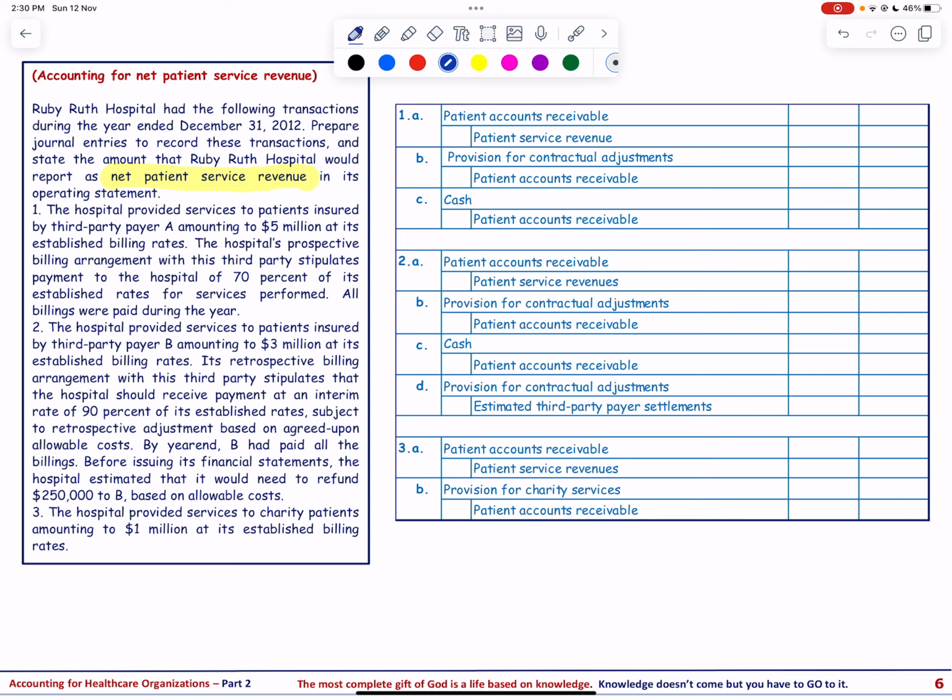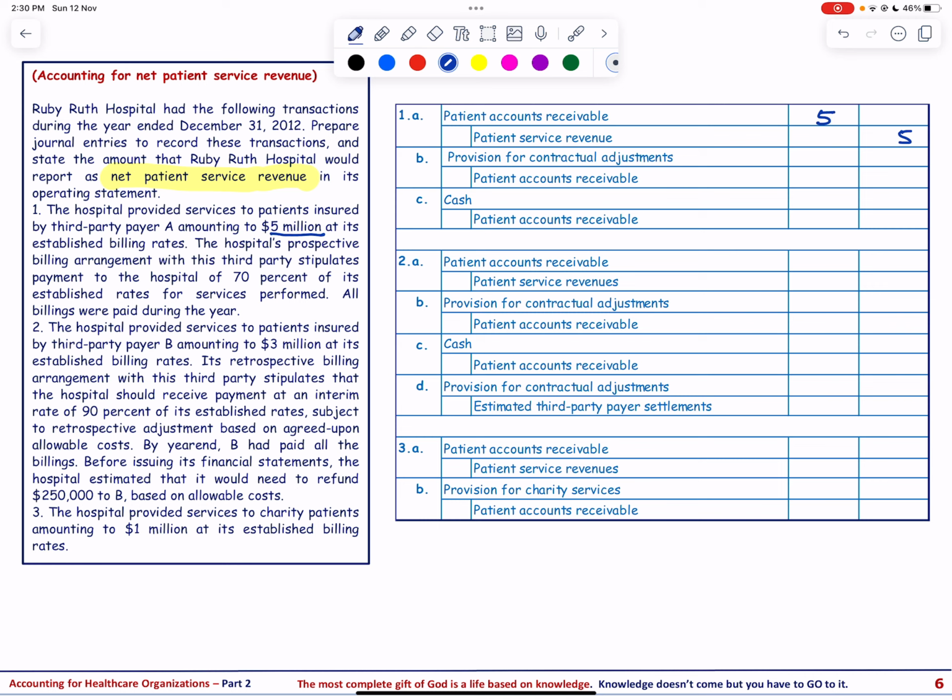So the hospital provided services to patients insured by a third party amounting to 5 million at its established billing rate. So we have patient accounts receivable debited by 5 million and patient service revenue is credited by 5 million.